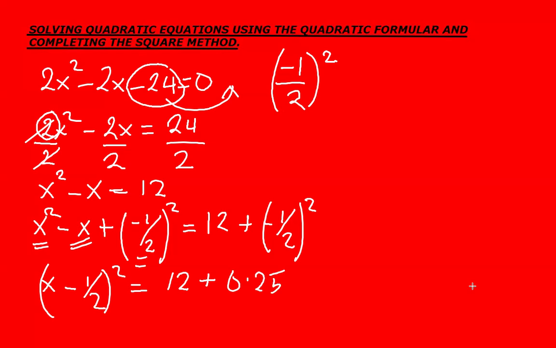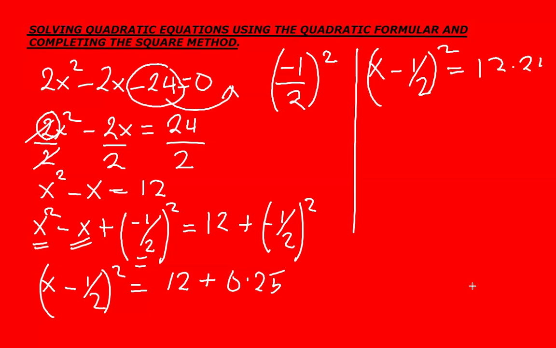Then put a line there. So we have x minus 1/2 squared is equal to 12.25.